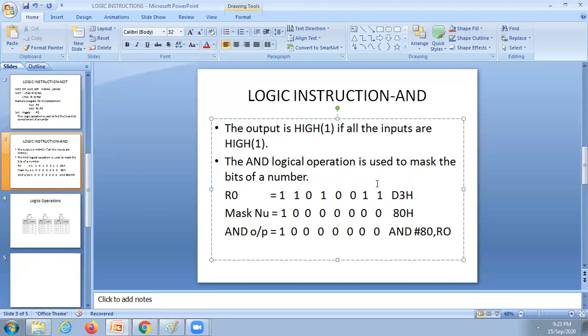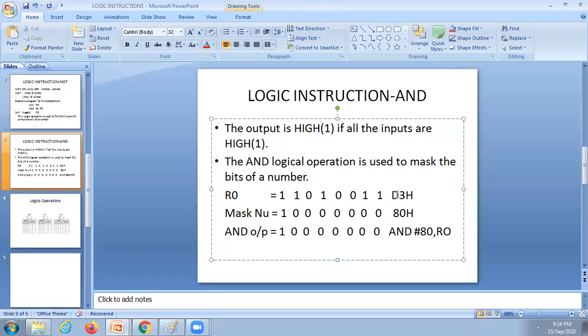Suppose R0 is the register. Register means CPU register. Suppose R0 contains the data D3H. H means hexadecimal number. D3H means hexadecimal number D3. For each digit of a hexadecimal number, how many binary bits are required?